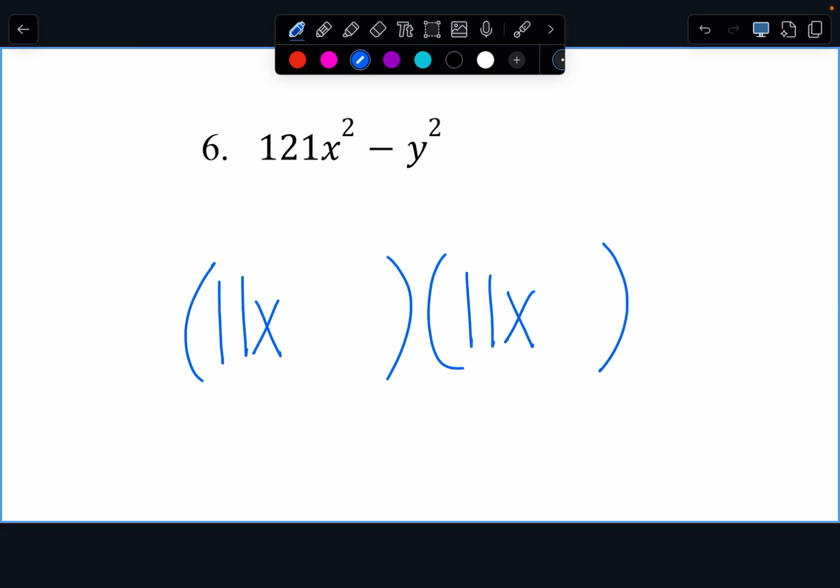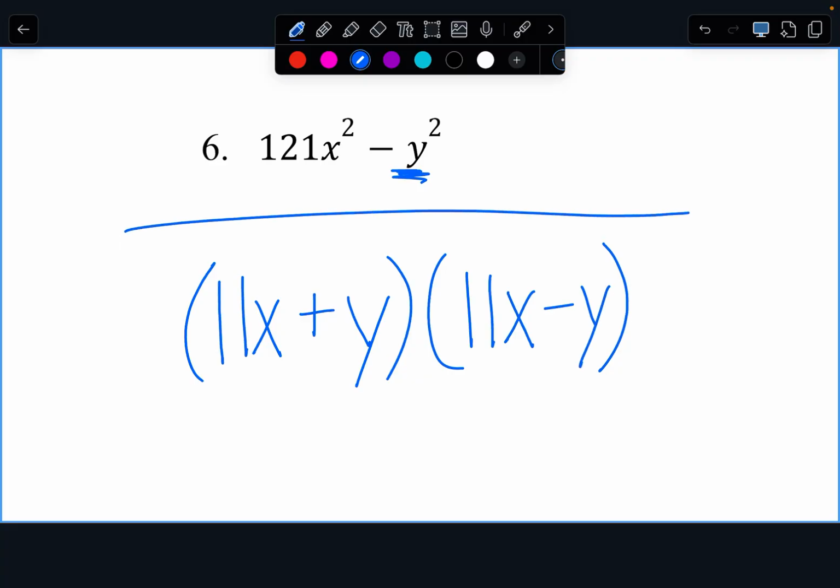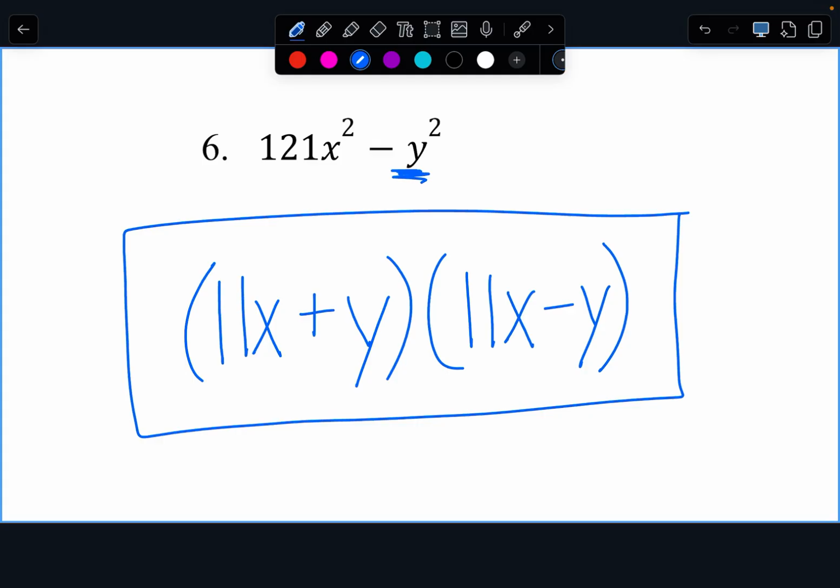Look what's in that second part. How do you get y to the second? Or just y? One's a plus, one's a minus. That's your answer.